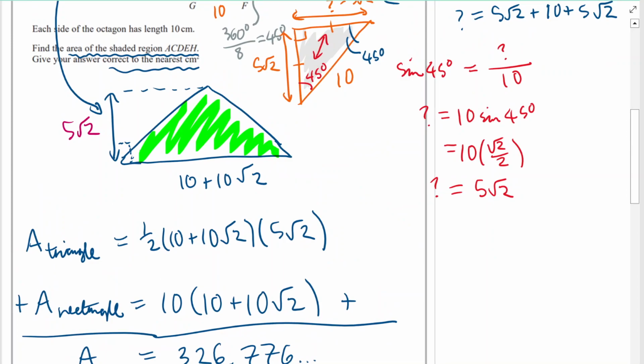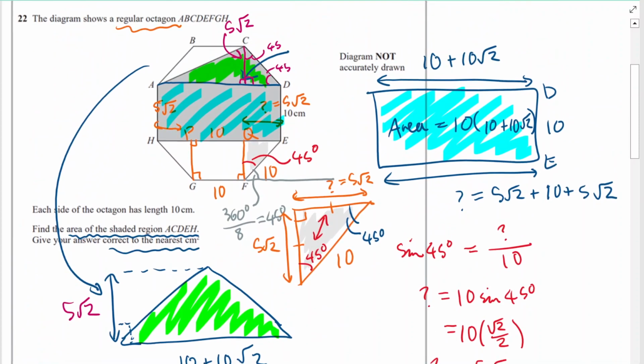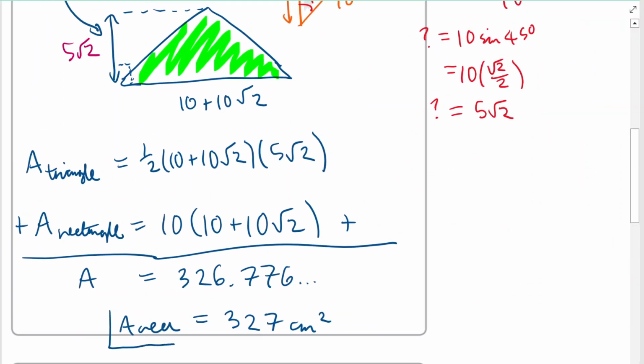No, we want to correct it to the nearest centimetre squared, as we're told. So we say area equals 327 centimetres squared. So that is our answer to our question, area in centimetres squared.